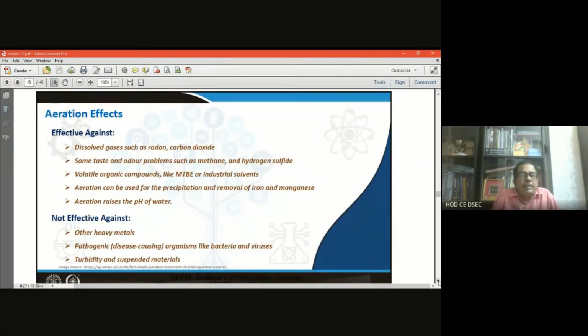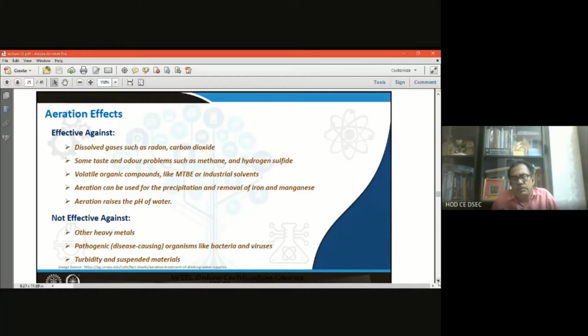What is the effective result of the aeration? Dissolved gases such as radon and carbon dioxide can be removed. Taste and odor problems caused by methane and hydrogen sulfide can be removed, as well as volatile organic carbon like MTBE or industrial solvents. Aeration can be used for the precipitation and removal of iron and manganese.